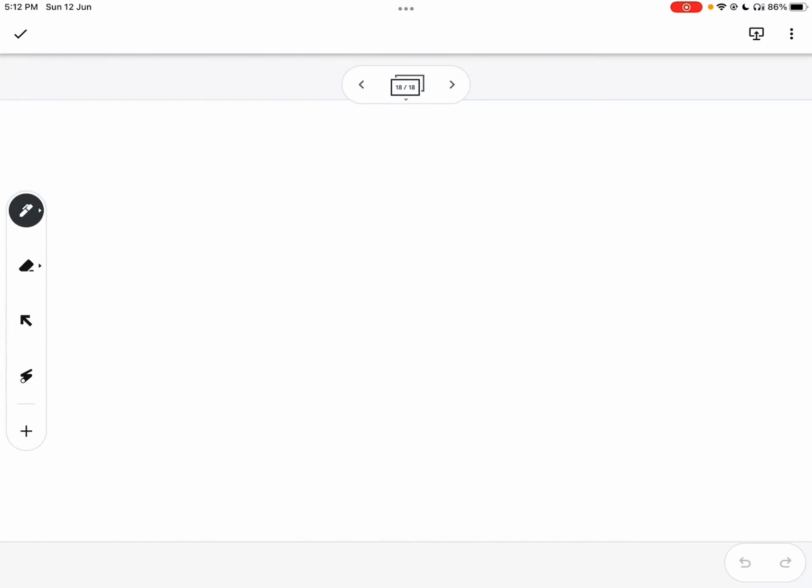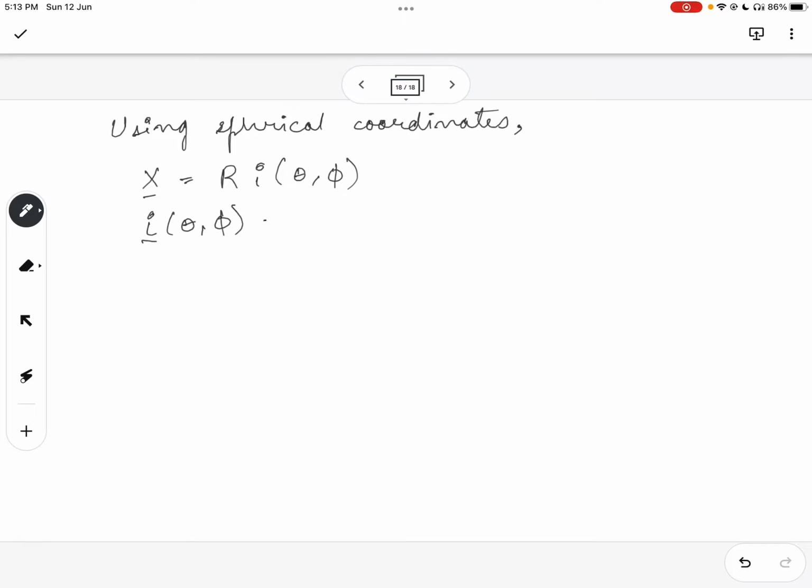Now let us calculate the deformation gradient F. So using spherical coordinates, it can be easily shown using our method that X is r times e_r of theta and phi, where e_r is given as cos phi e_r theta plus sin phi e3. e_r theta is cos theta e1 plus sin theta e2 in a fixed basis.